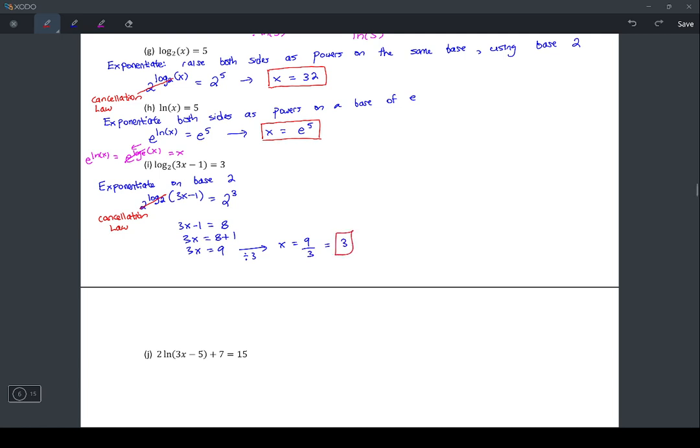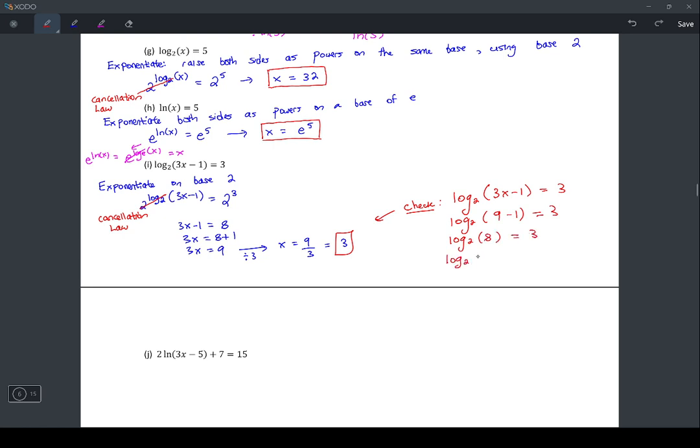And all of these we can always check. We can check if what we have is correct. Log base 2 of 3x minus 1 equals 3. Log base 2 of 9 minus 1 is equal to 3, replacing x with 3. Log base 2 of 8 is equal to 3.